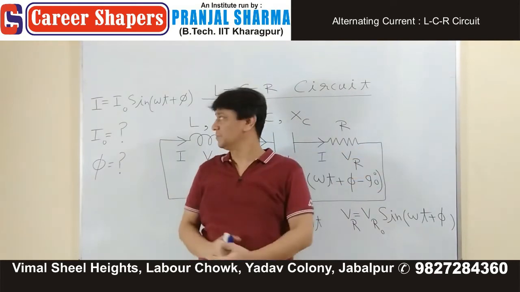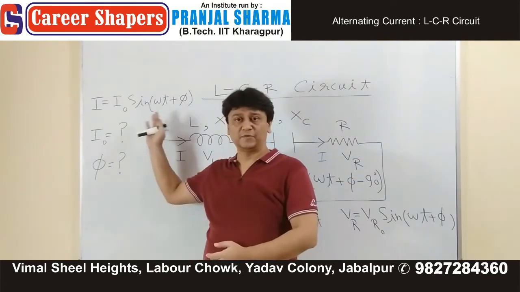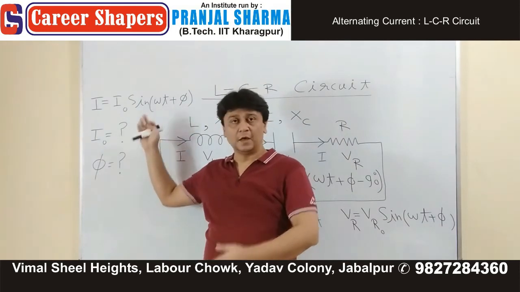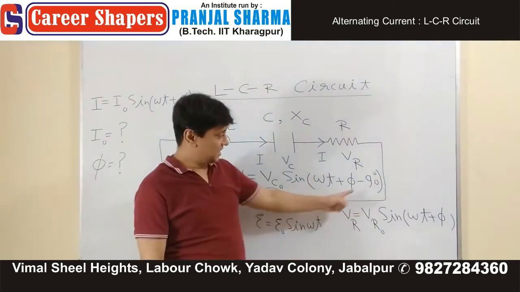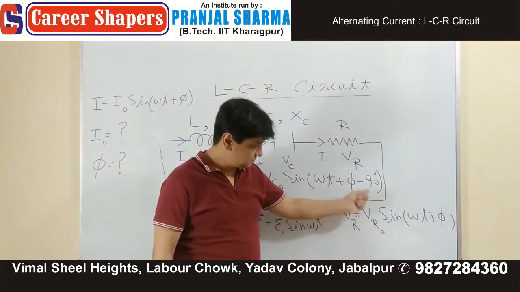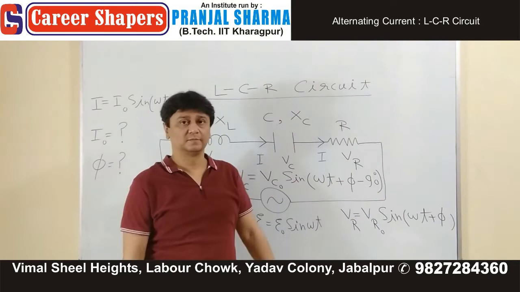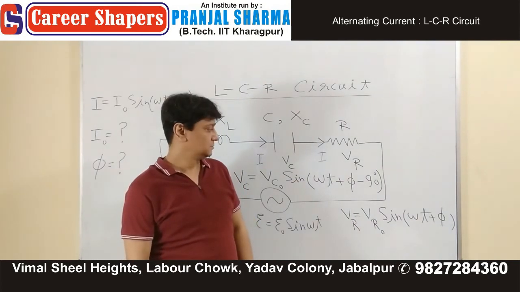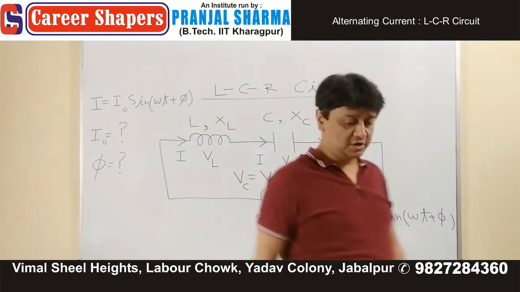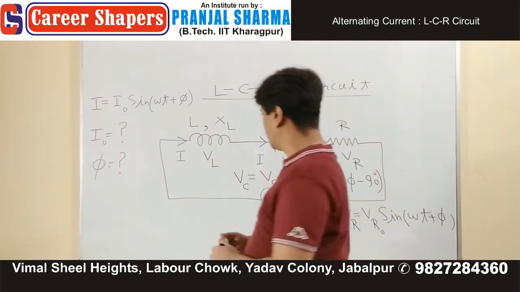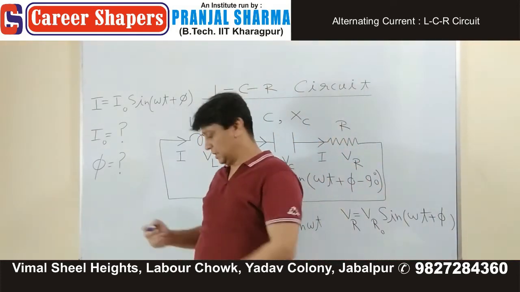Phase of I. Right here, we have the phase of I, and therefore we are subtracting 90, which gives us VC. If you understand this, then write down yes in the comment box.